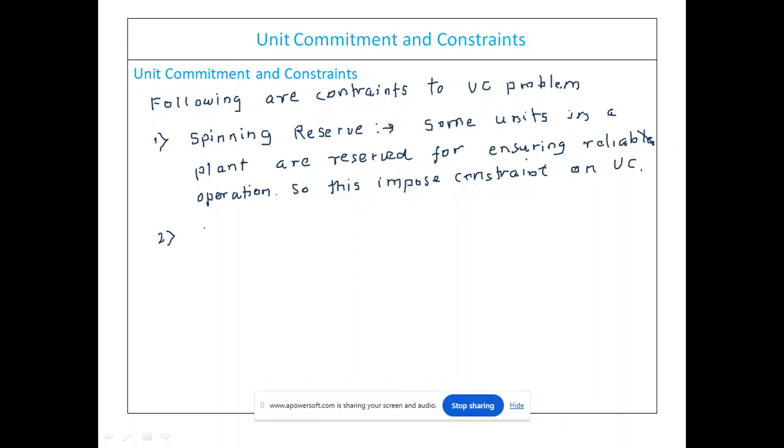The second one is thermal constraints. Because we are dealing with a thermal power plant, the boiler is required for generating the steam to run the turbines, and that boiler puts so many constraints. The thermal constraints are something like minimum uptime. Minimum uptime means some units, after they are started, you cannot suddenly shut down.